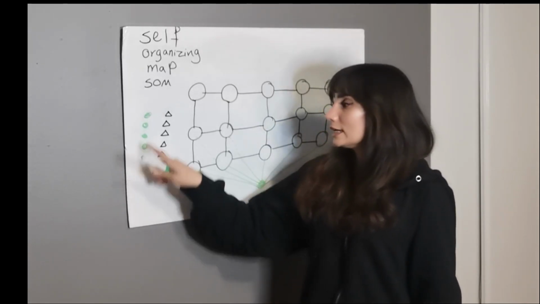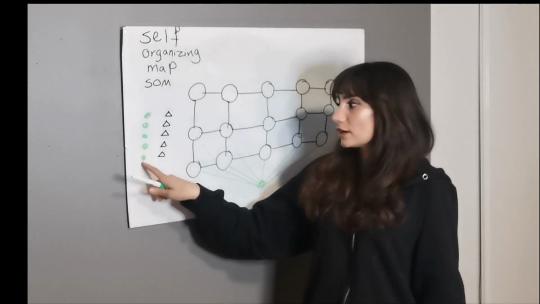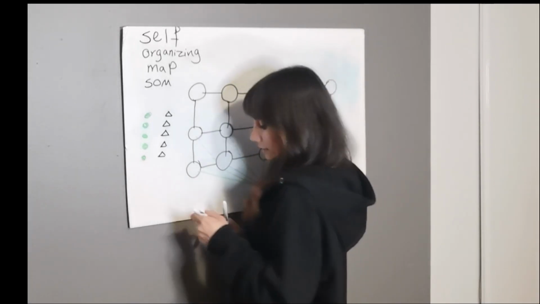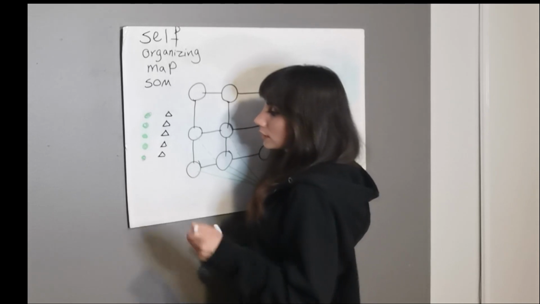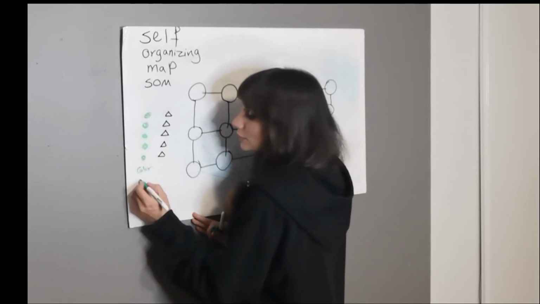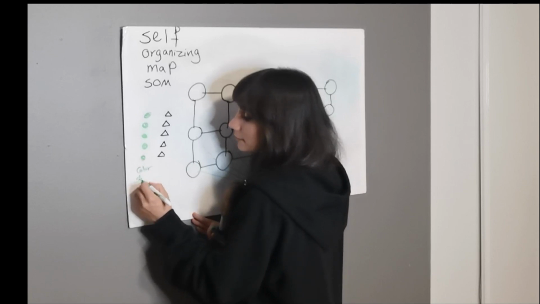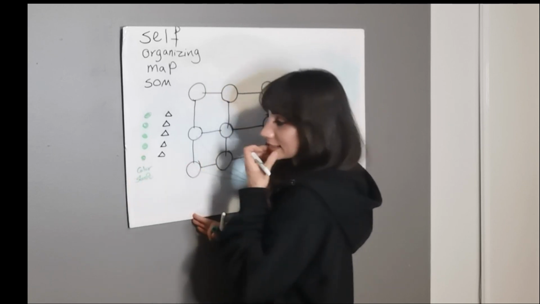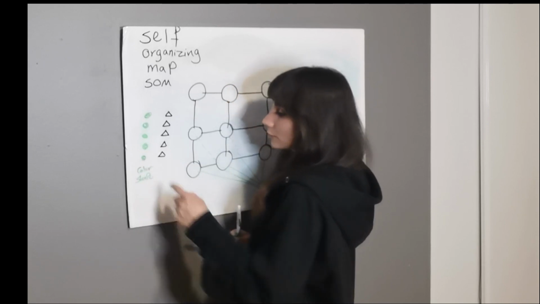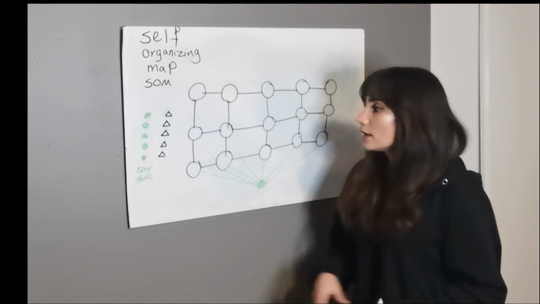For example, the dimensions or features of this one is color, which is green. So I would say color is one dimension or one feature, and then shape is another dimension or another feature. And for the rectangle it is the same thing, color and shape.